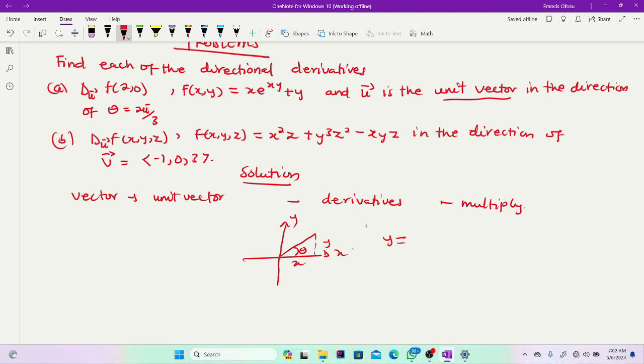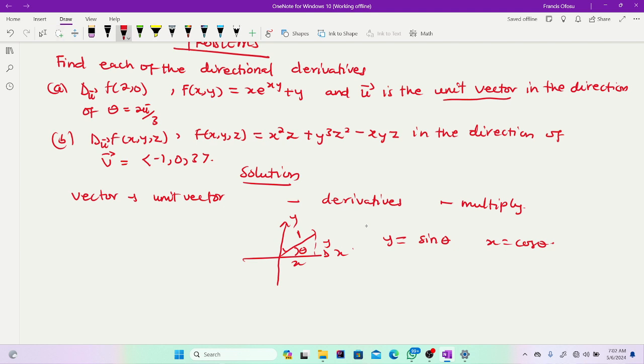But this is a unit vector, so from here to here is 1. So y is equal to sine theta, x is equal to cos theta. That is all. Since it's a unit vector, we can decompose our direction as y equals sine theta and x equals cos theta.